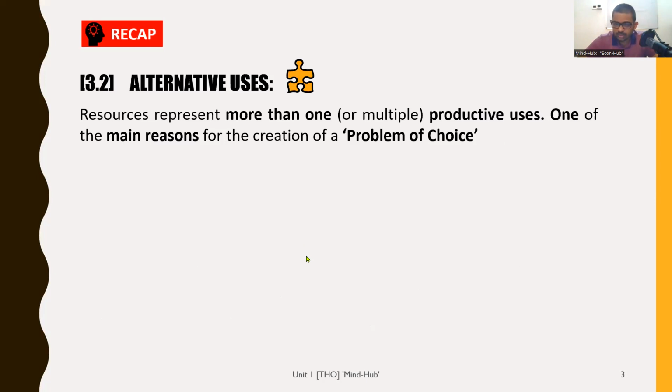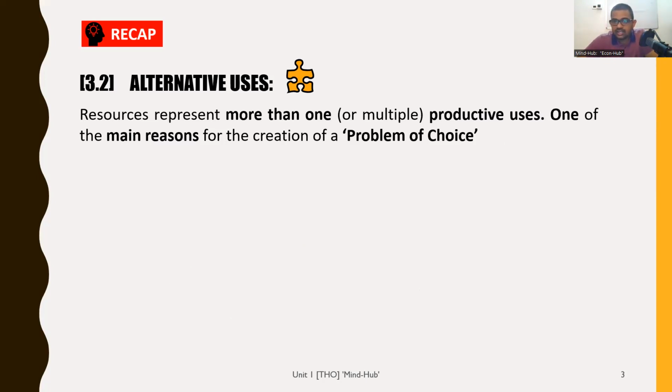Then we looked at the concept of alternative uses, right? And we said the alternative uses of resources, or a given resource or combination of resources having more than one productive use, is one of the main reasons that we are forced to make a choice, or that we are facing trade-offs, the problem of choice.